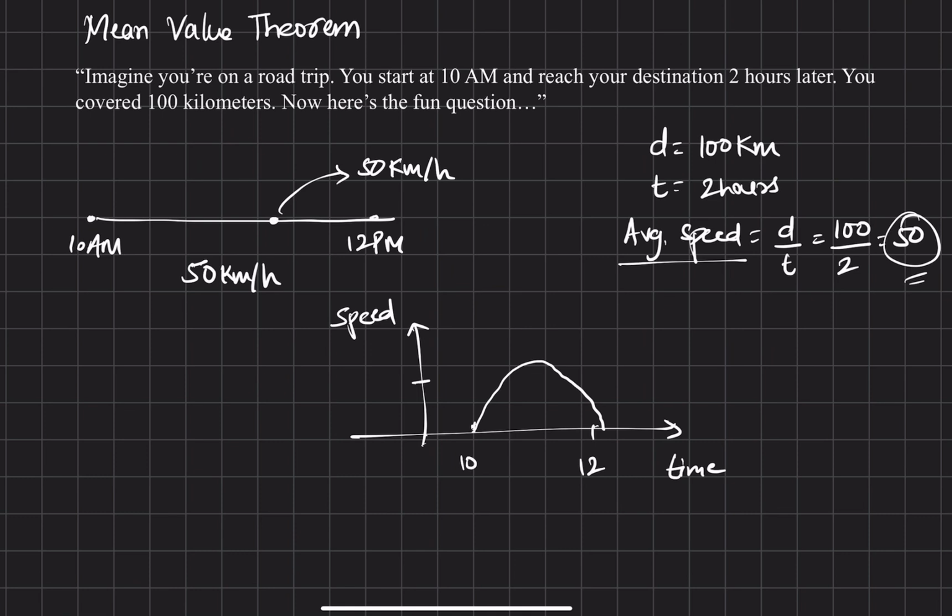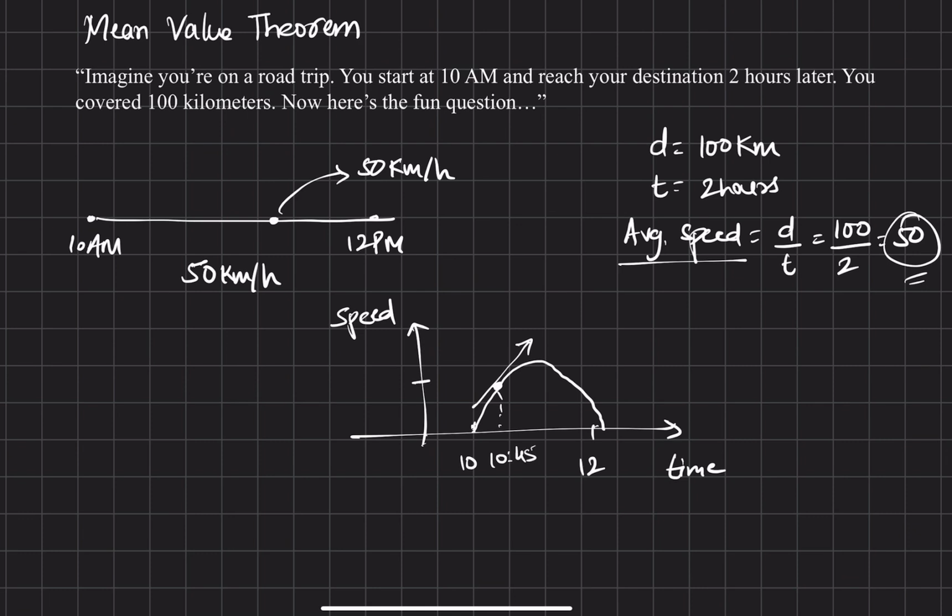So if I pick a moment on this graph, let's assume I take this moment, and if I want to check the exact speed at this point, I can draw a tangent line at this point and calculate the speed at this moment. Let's say this moment is, for example, 10:45.